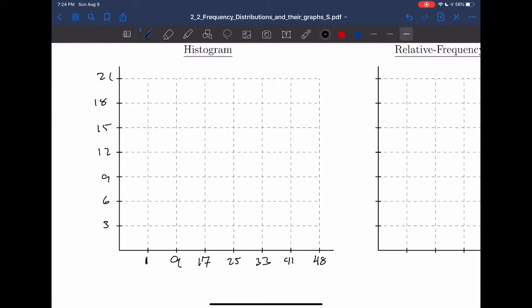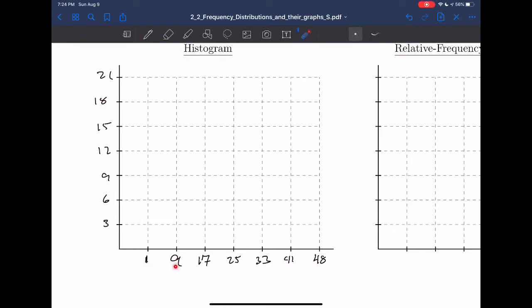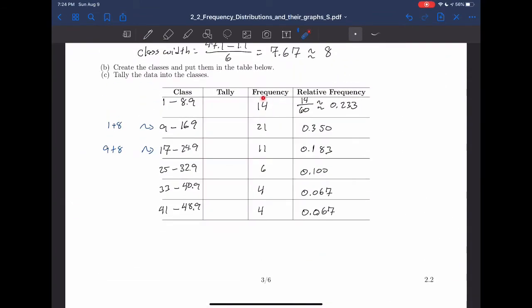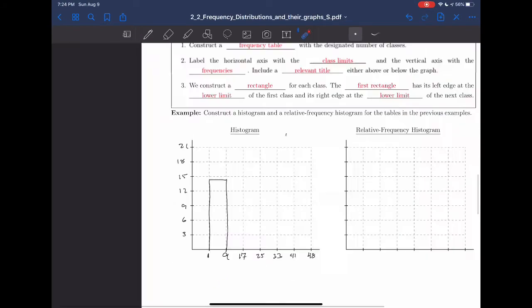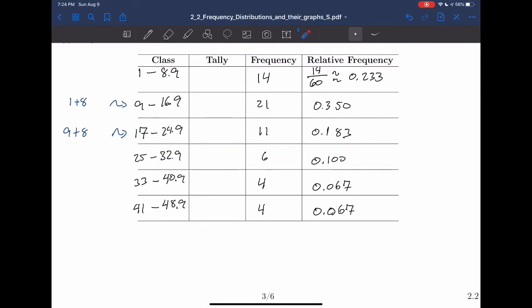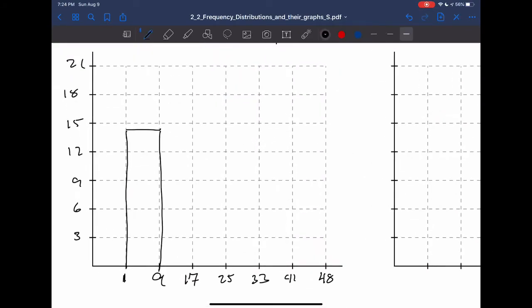Okay, so we want to draw our bars. How many numbers are between 1 and 9? We look at our table, and it's 14. So our bar is going to go all the way up to 14. Similarly, we want to know how many numbers there are between 9 and 17, which is 21. We'll go all the way to 21.